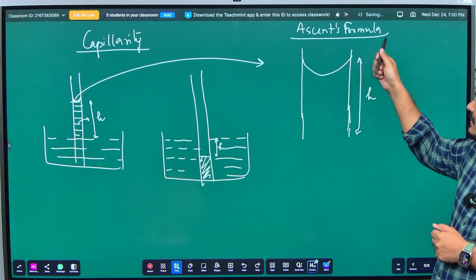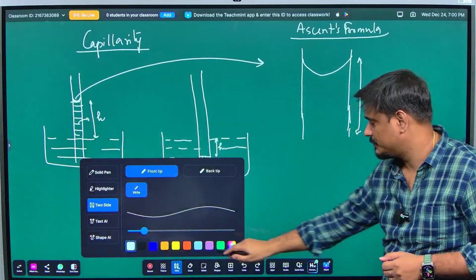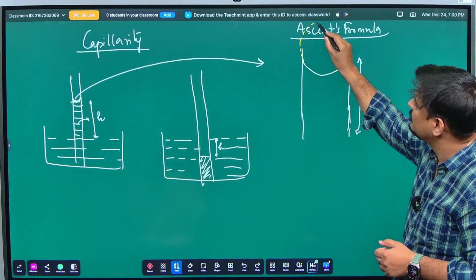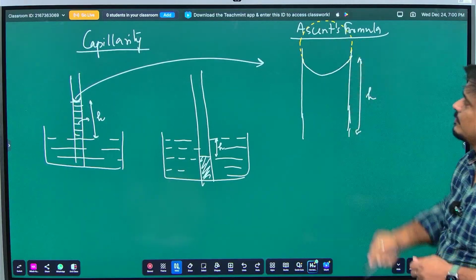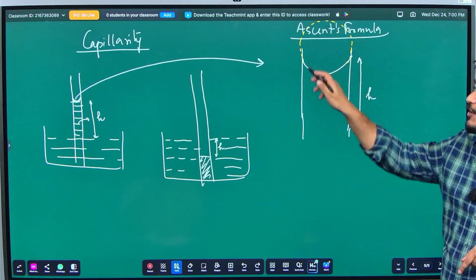Basically it is like a sphere. The more narrow you take, the more curve will come, basically trying to form a spherical surface above.